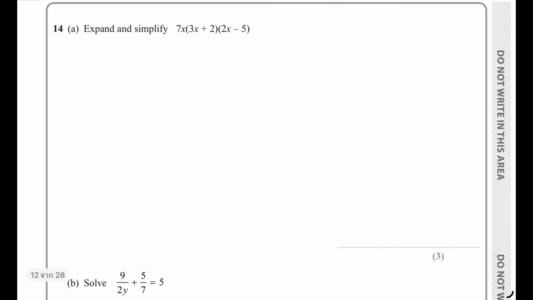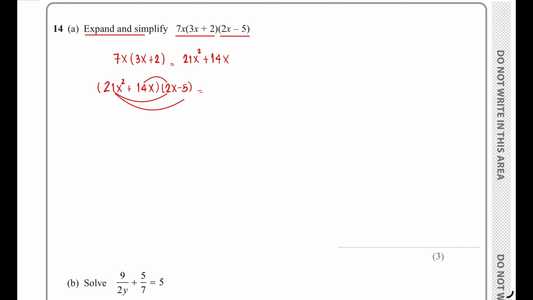Question 14. Expand and simplify 7x times 3x plus 2 times 2x minus 5. So 7x times 3x plus 2 equals 21x squared plus 14x, and then 21x squared plus 14x times 2x minus 5. So it will be like this. Okay, so we have 21x squared times 2x, which is equal to 42x cubed.